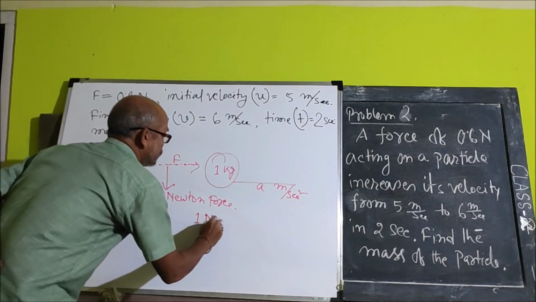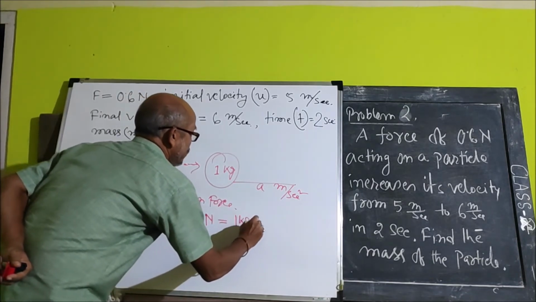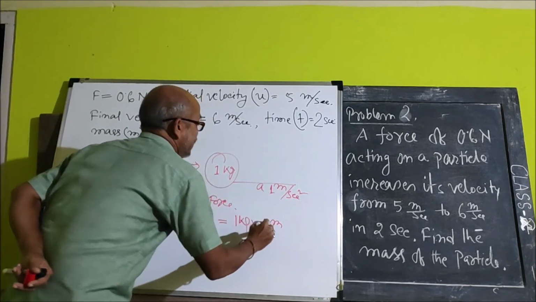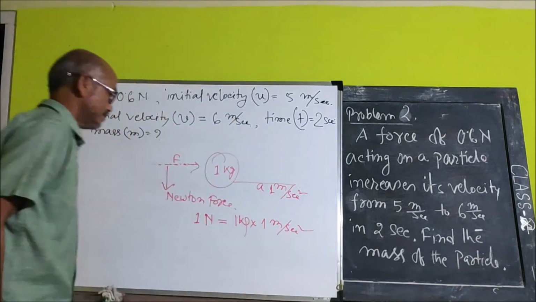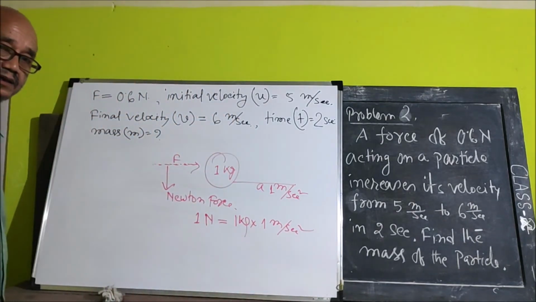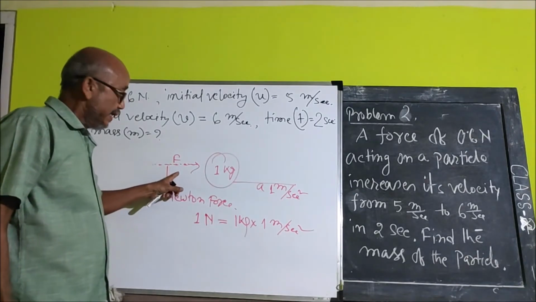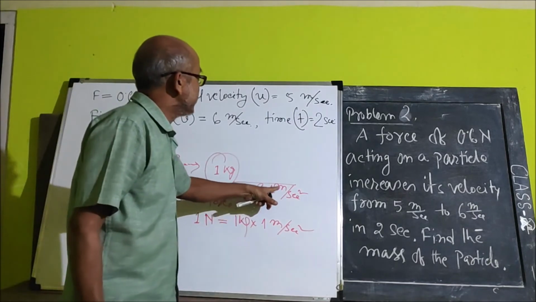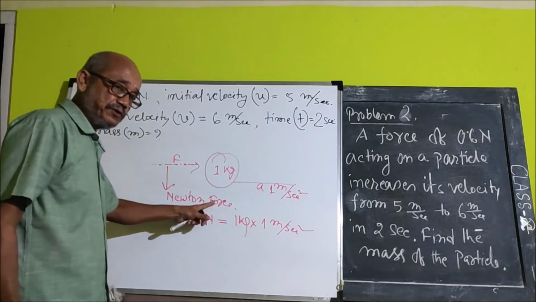1 Newton force means what? 1 kg into 1 meter per second square. Again, when a force acting on a body of 1 kg produces 1 meter per second square acceleration, the applied force is called the Newton force.